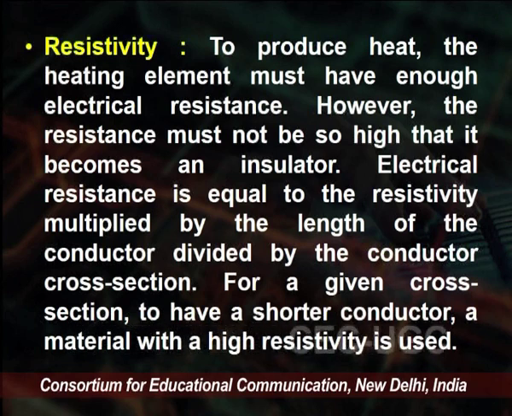So, electrical resistance is equal to the resistivity multiplied by the length of the conductor and divided by the conductor cross section. For a given cross section, to have a shorter conductor, a material with a high resistivity is used.